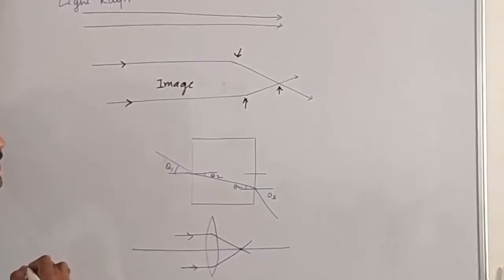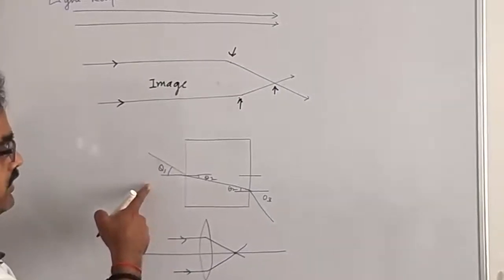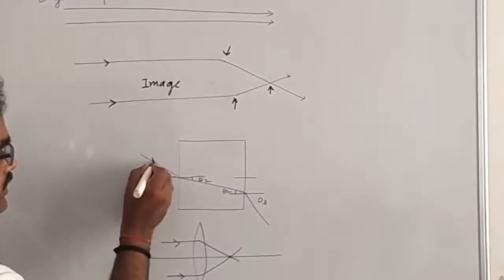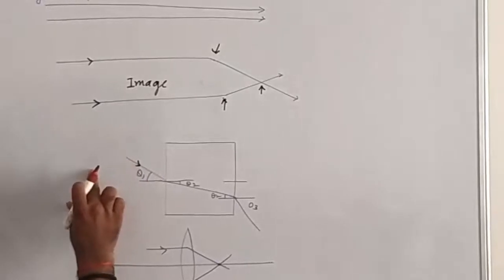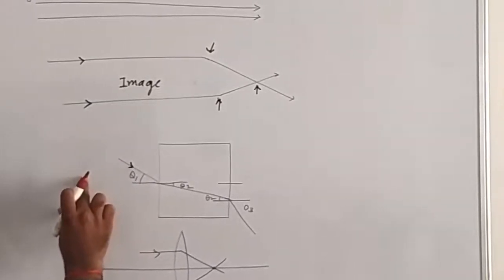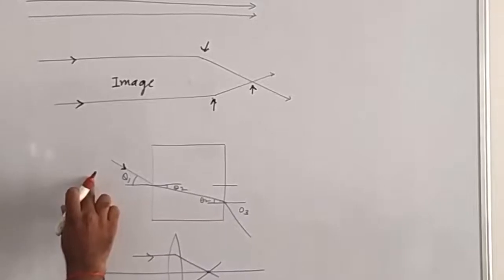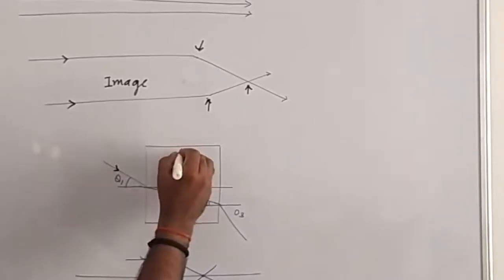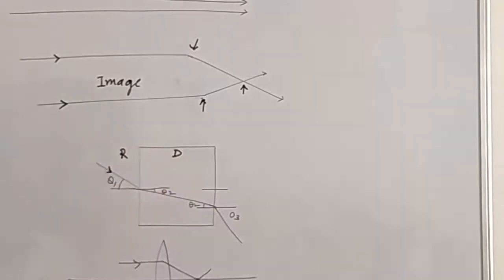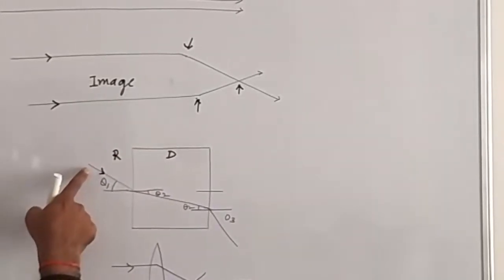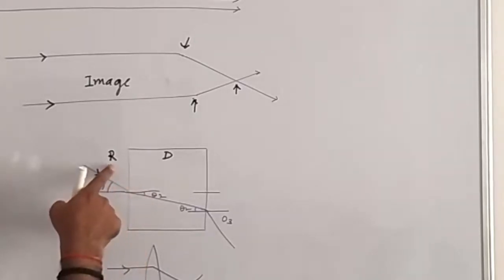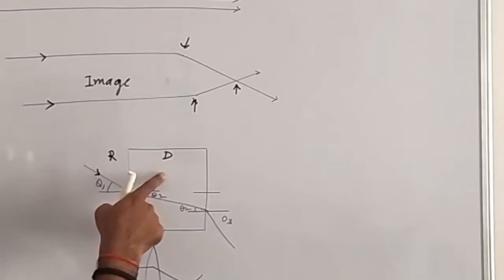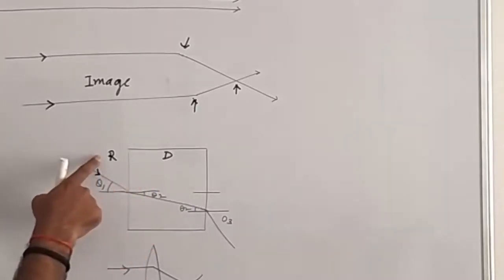How to bend light? As we know, if a light ray goes from a rarer environment, or a rarer refractive index or rarer medium, to a denser medium, suppose this is the denser medium and this is the rarer medium, and this light ray is moving into the denser medium from the rarer medium, denser means it has a higher refractive index than the rarer medium.